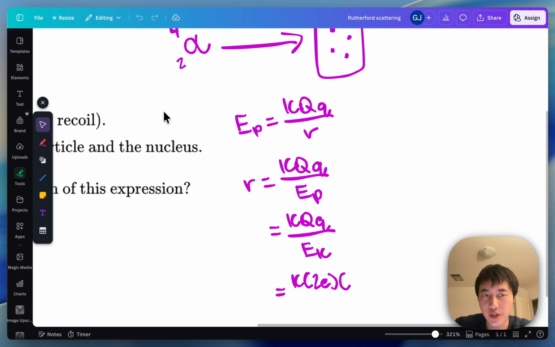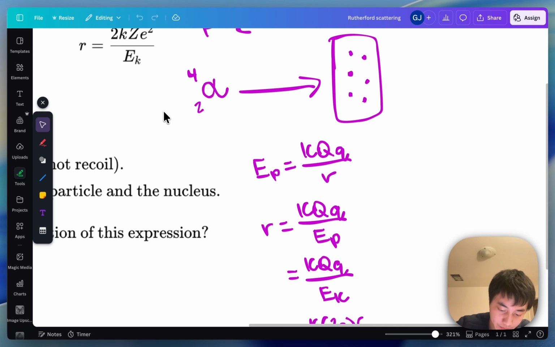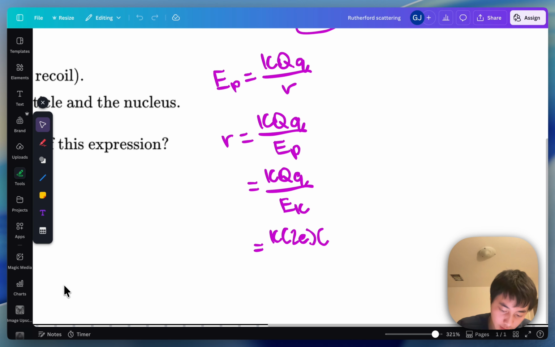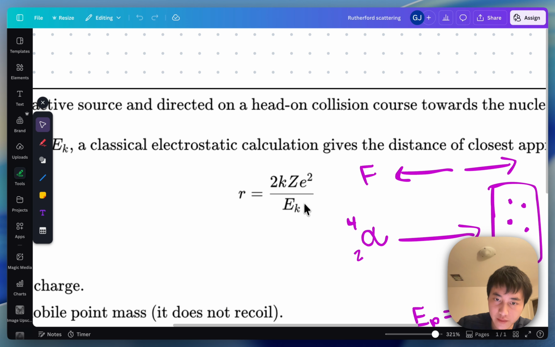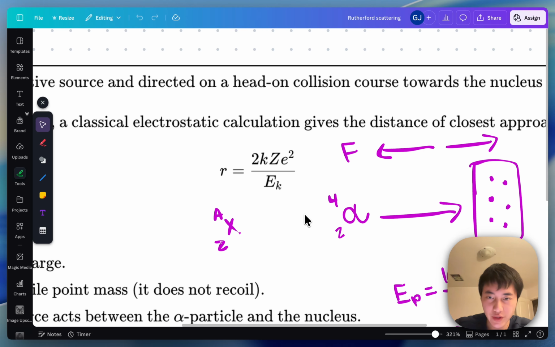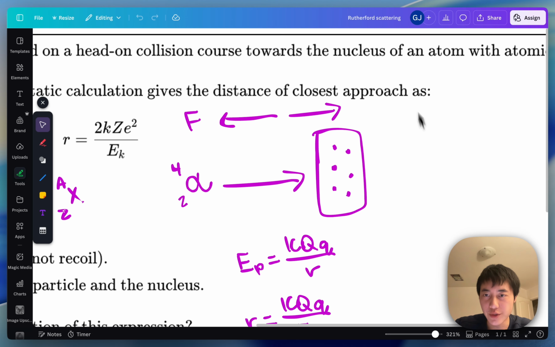In the A-Z-X representation, Z is the number of protons of the nucleus of the atom here.